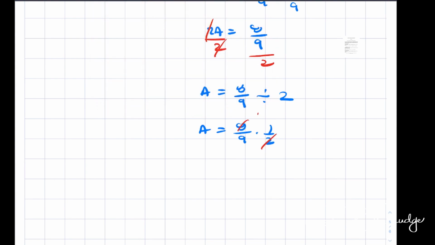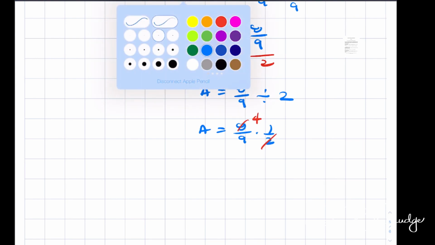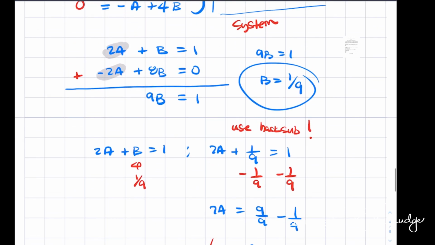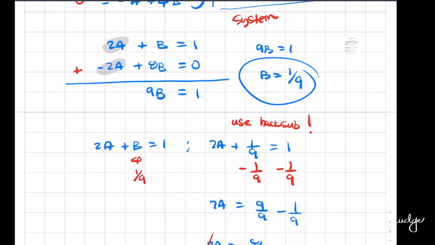Sure, you do. So now the value of a here is 4/9. These are the two values we need. So let's go back. a is 4/9, and then b is 1/9.